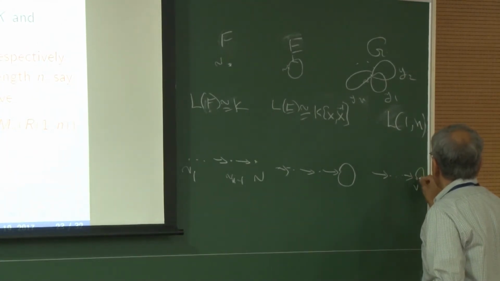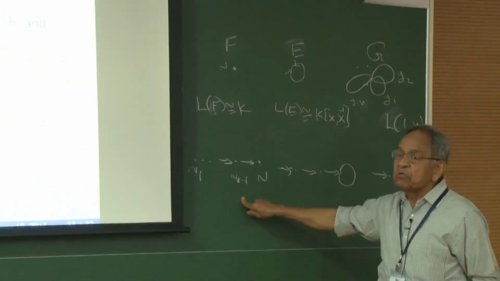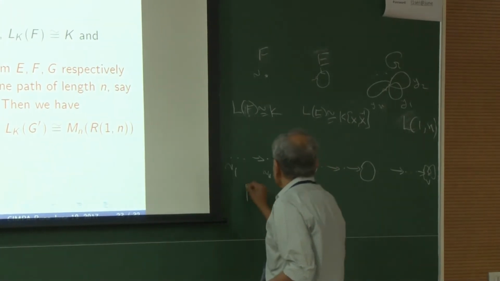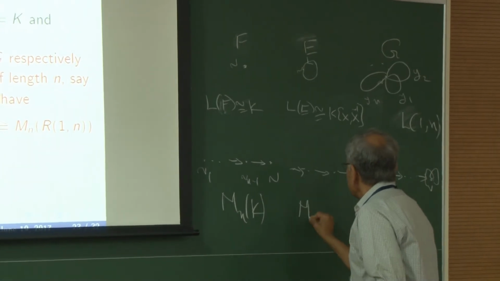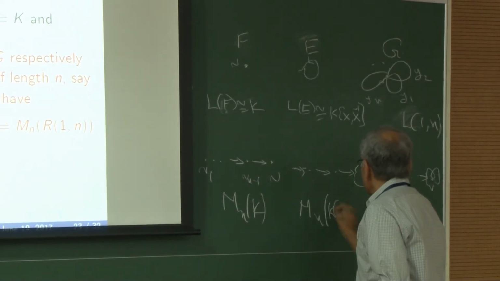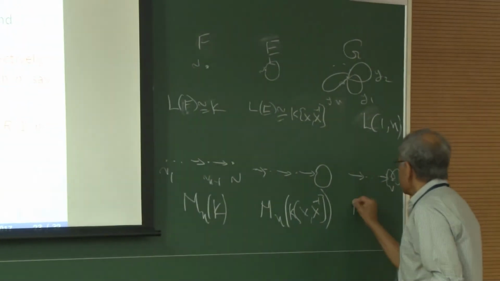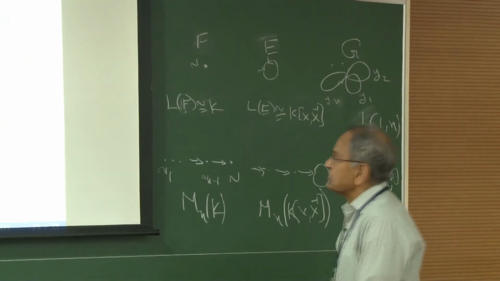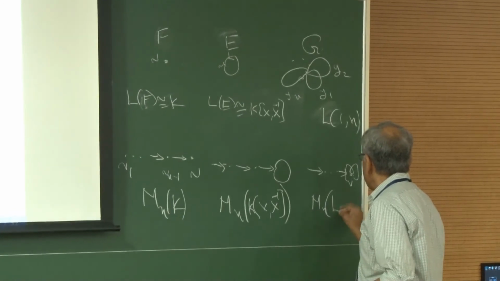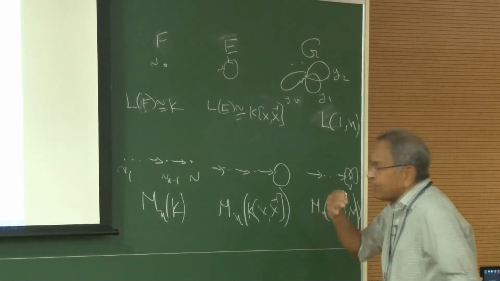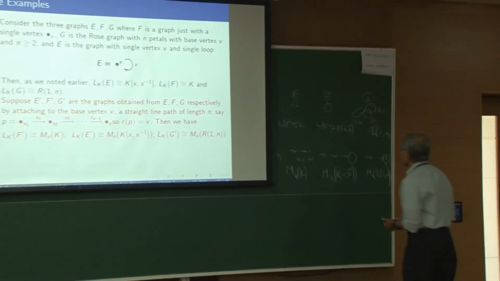The interesting fact is that the Leavitt path algebra of this is simply isomorphic to the ring of n by n matrices over K. Here it is isomorphic to the n by n matrices over K[x, x inverse], and here to the n by n matrices over the Leavitt path algebra. That's essentially what I have to know, and it's a nice way of constructing or recognizing new kinds of algebras.